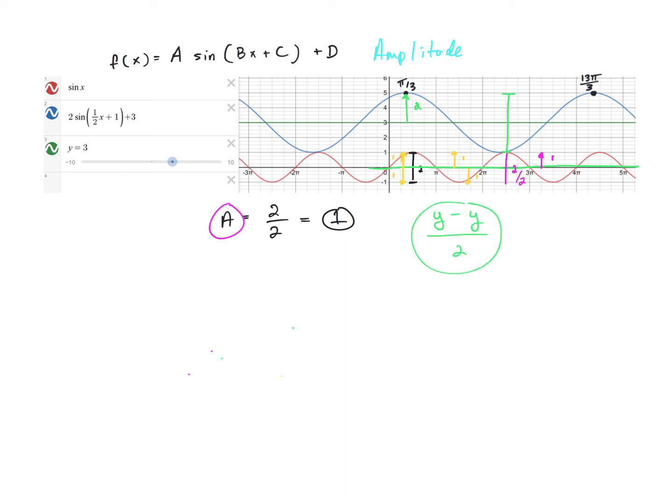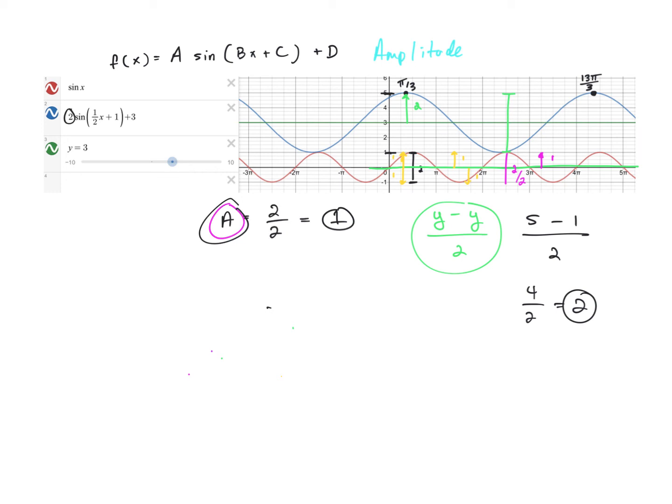So I love this because any y's you give me, the top of my function is 5 minus the bottom of my function here, which is 1. That's 4 divided by 2. That's 2. I have an amplitude of 2. This is how we solve for our A here.